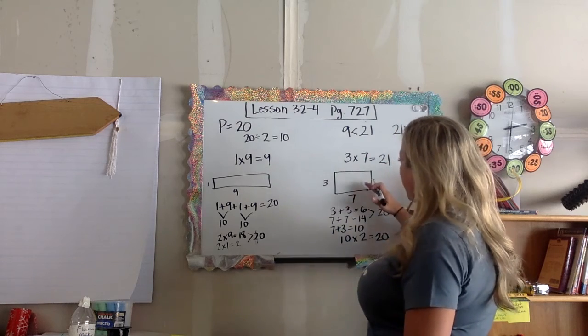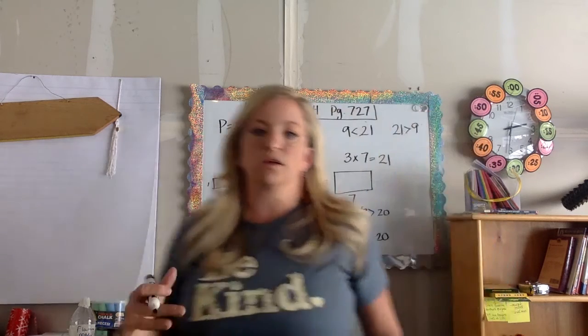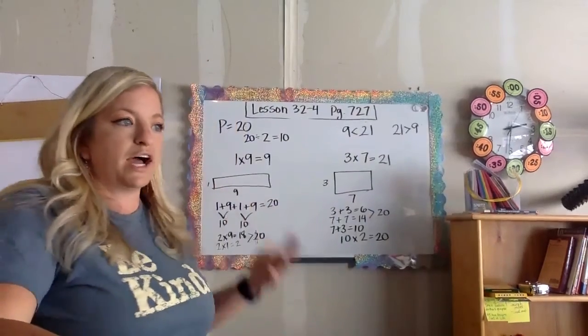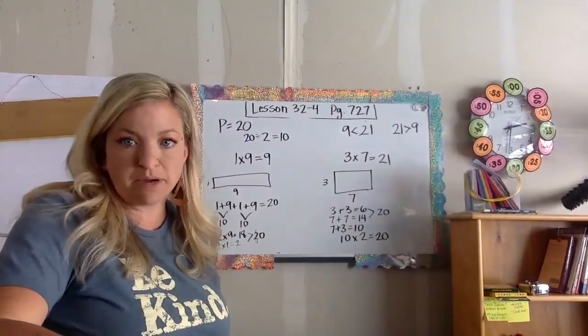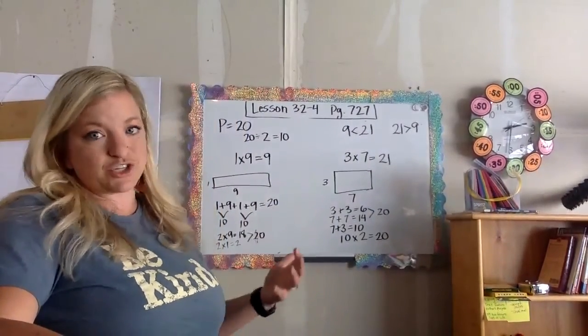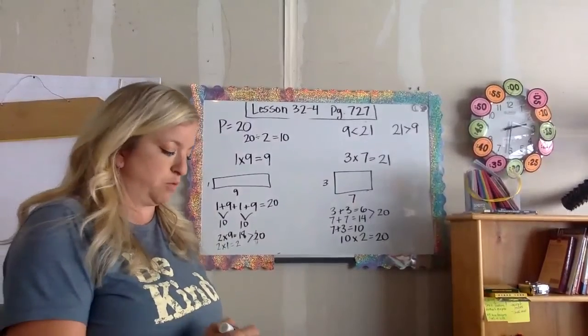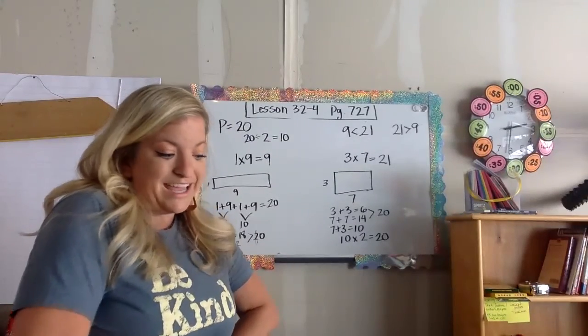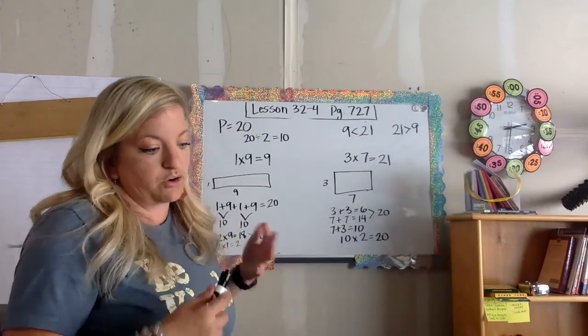Because if you find this half, you know this other half is going to be automatically the same. So you could add up both of those sides and multiply them by 2. That's an even faster strategy for finding the perimeter when you know 2 of the sides and it's a rectangle or a square.